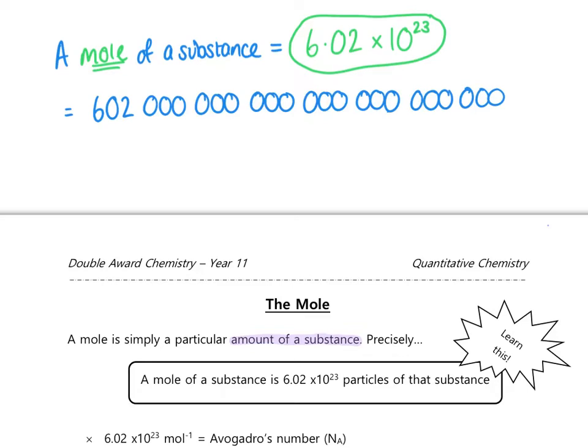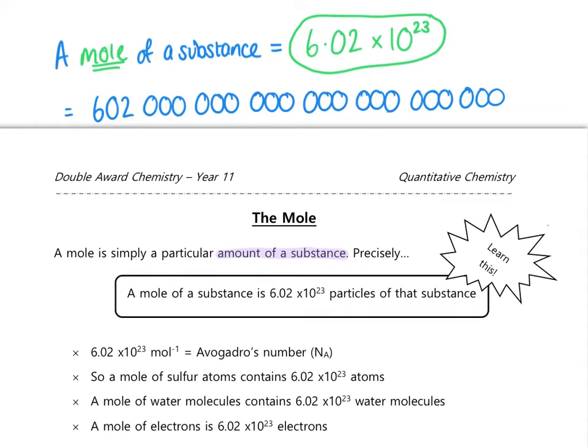It's 602 and then 21 zeros after it. So it's a massive, massive number. And it's because we're talking about amounts of particles, atoms, molecules. A mole represents a large amount of atoms or molecules because atoms and molecules are so small.